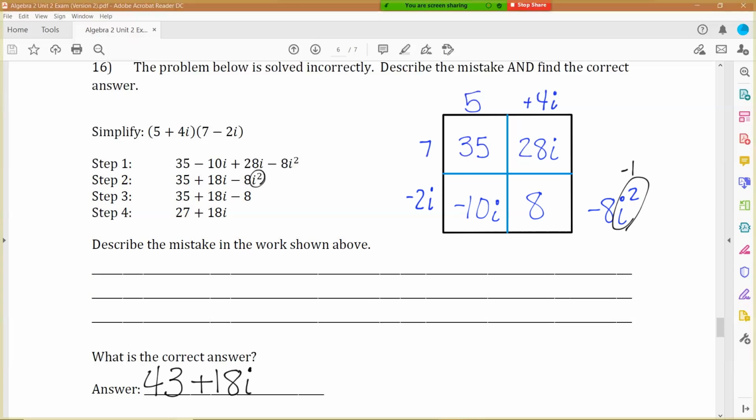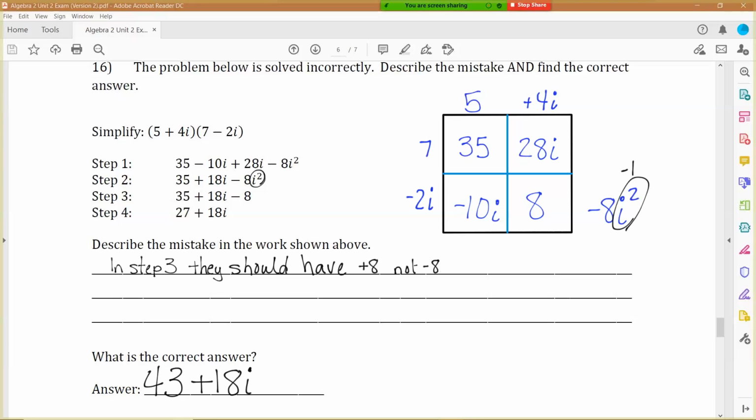So I would say step 3, they should have plus 8, not negative.